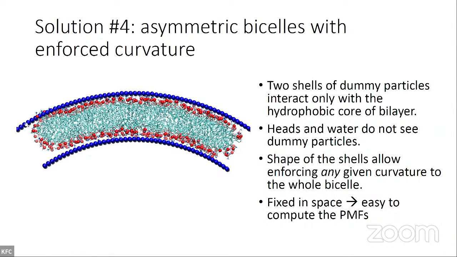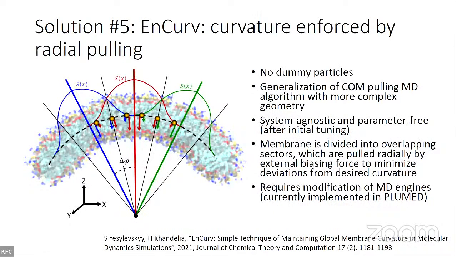The shape of these blue dummy particles actually dictates the membrane curvature and shape. So you can scaffold as you want. But this is fixed in space, so it's not fluctuating. It fluctuates in terms of breathing modes, and the lipids are diffusing, of course, but the shape is fixed. It's the same here, but you are not using the dummy walls, you are just restraining by pulling, but it's pretty much the same.